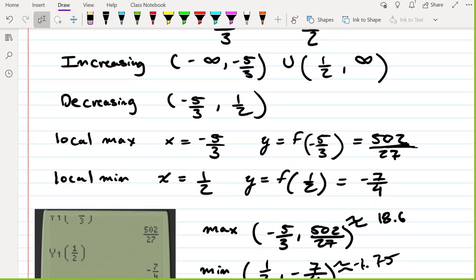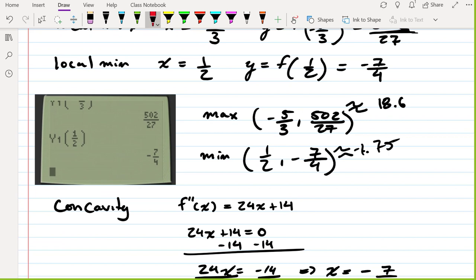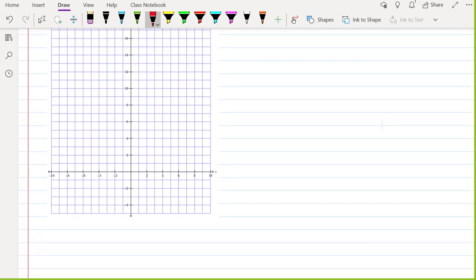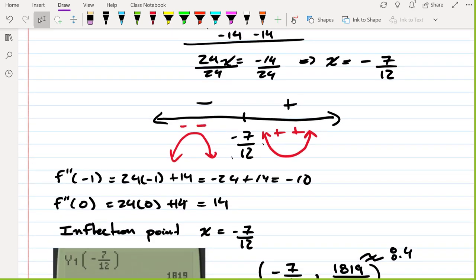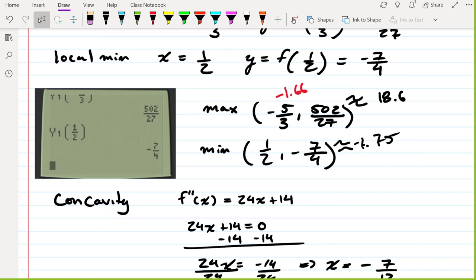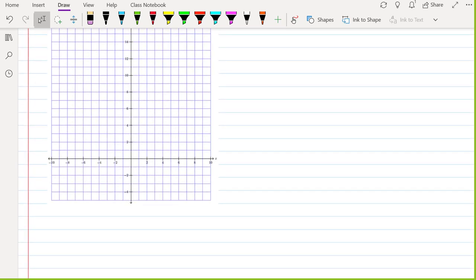So we had our local maxes and our local mins. So our local max was at negative 5/3, so this is like negative 1.66 and 18.6. And that's going to be our local max. And then we had our local min is going to be at 1/2 and negative 1.75. And that's going to be our min.